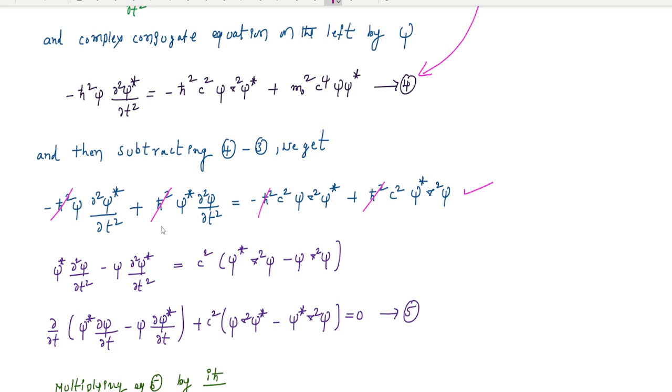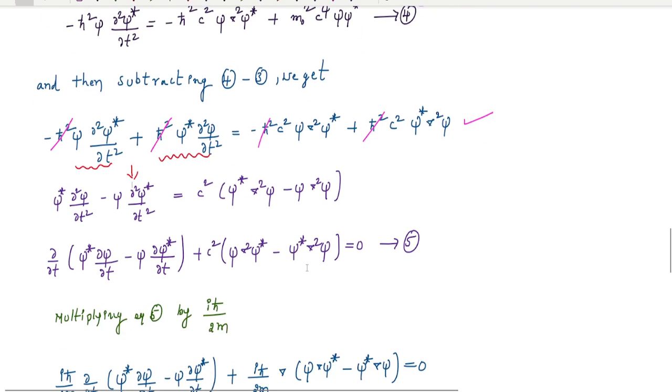First I'm going to write this term, second this term here. Then c square is there here, and here also c square is there. C square gets common. So then we'll get this bracket term equation.